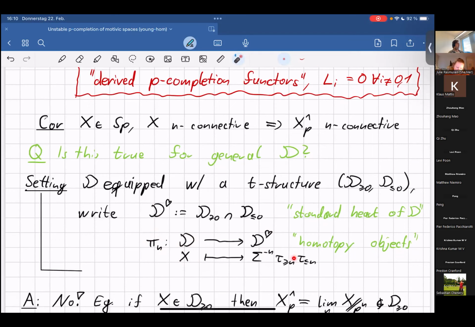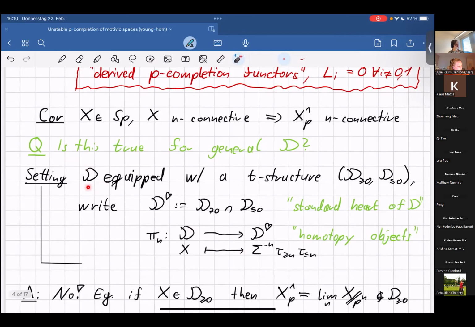You take the n-connective cover with respect to the t-structure, and then you have to shift it by minus n to land in this intersection. But this is just the same thing which you do in spectra, but now in an axiomatized way. So for example, if you take D the category of spectra, and the standard t-structure, then these are just the normal homotopy groups, and the heart of D is just the category of abelian groups.